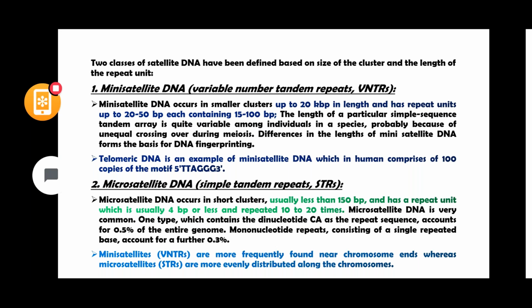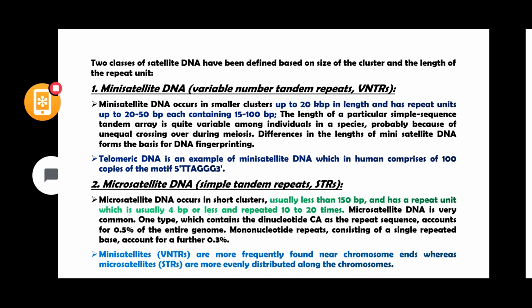Okay. No problem. So this minisatellite DNA is about 20 kilobase pairs in length. It has a repeat unit of about 20 to 50 base pairs, and each repeat unit consists of 15 to 100 base pairs of sequence. These simple sequences are present in arrays or in cluster form, and the length varies from individual to individual.